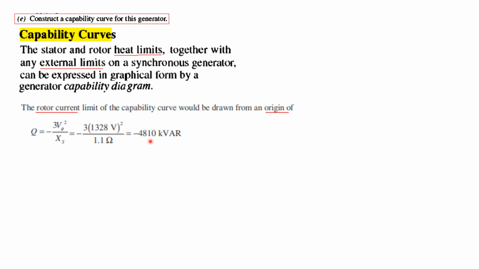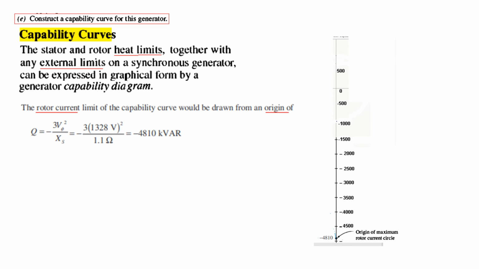So this is negative 4810 kVAr. Remember, this is the origin point. So if we have a vertical scale like this, we come down from 0 to minus 4810. So this is the origin of the rotor current circle.